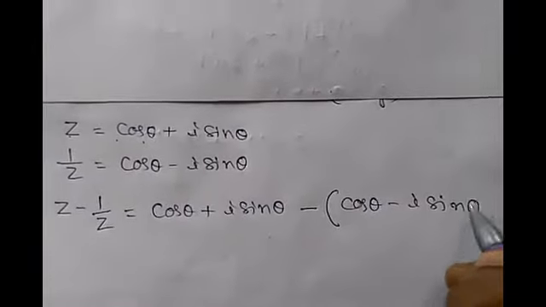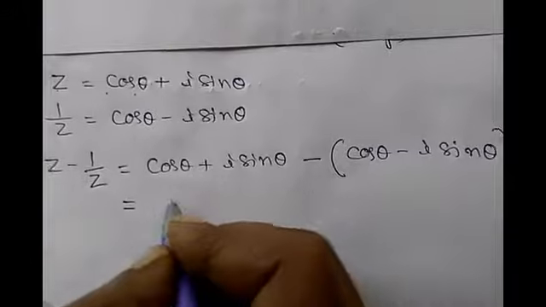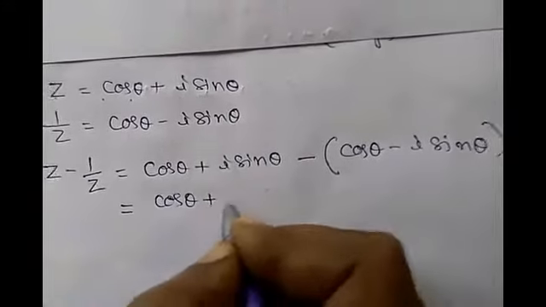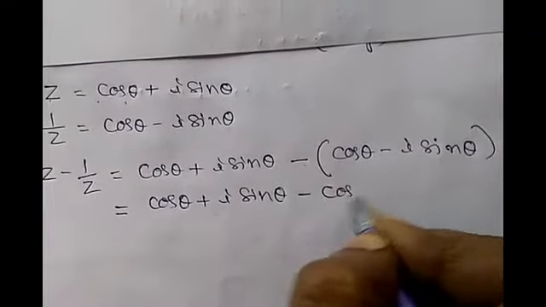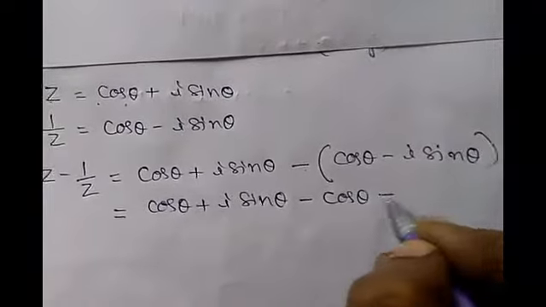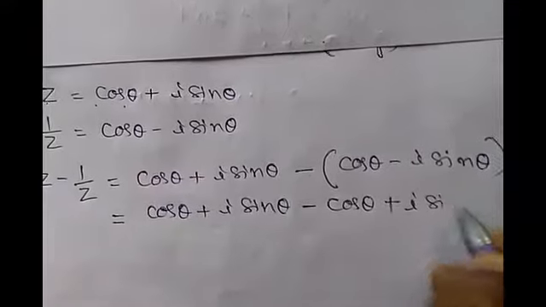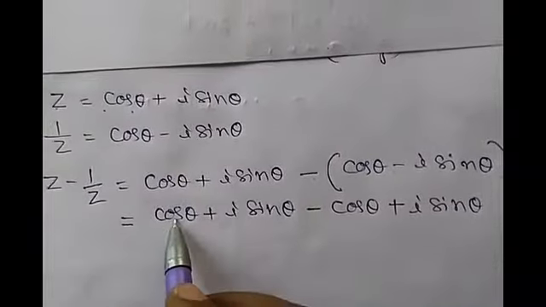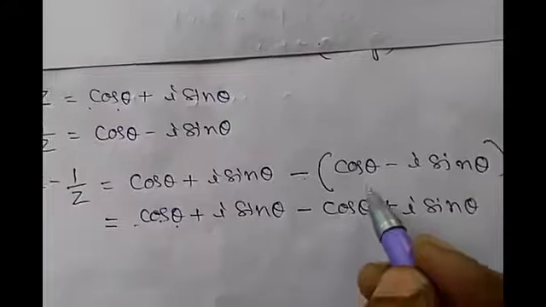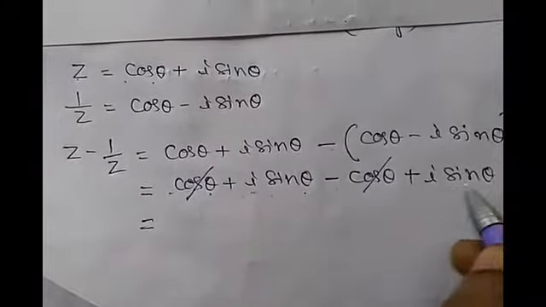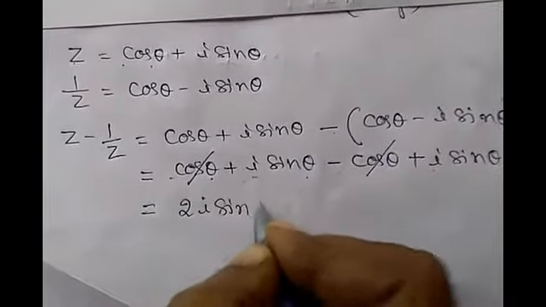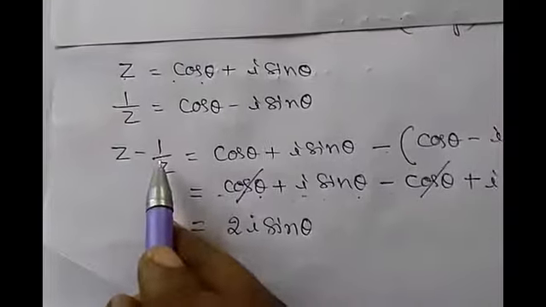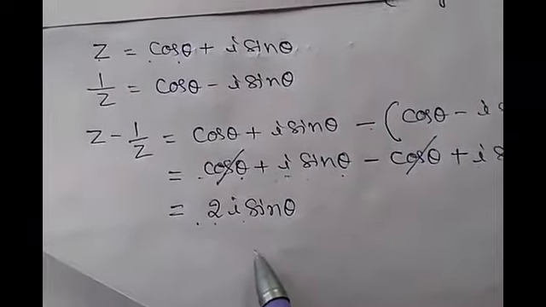Minus of plus gives minus cos theta. Minus of minus gives plus i sin theta. Now observe, the cos theta and minus cos theta get cancelled. The remaining are i sin theta plus i sin theta, which gives 2i sin theta. Therefore, z minus 1 by z is equal to 2i sin theta. Okay.